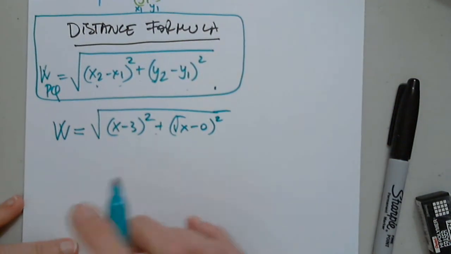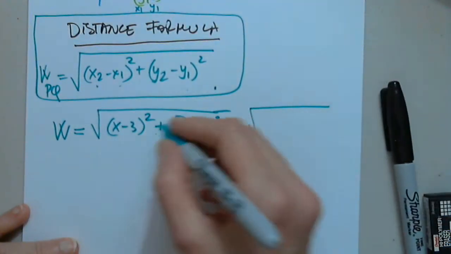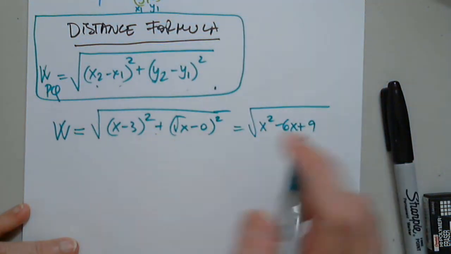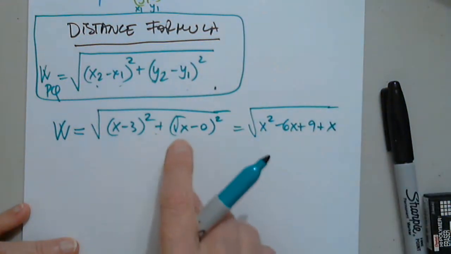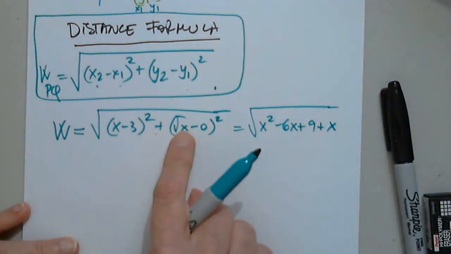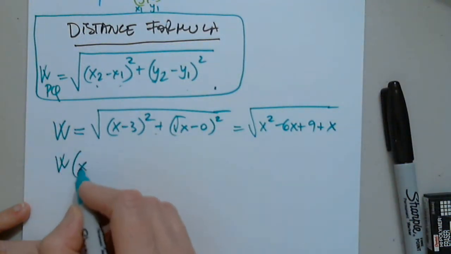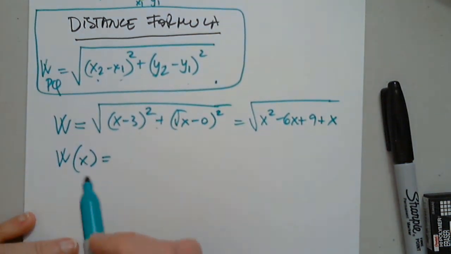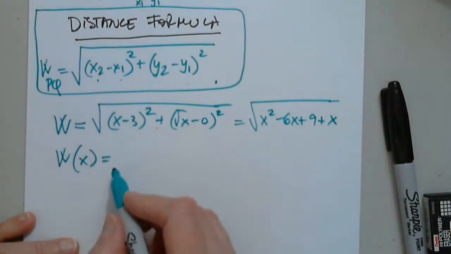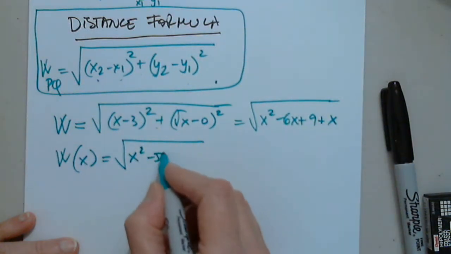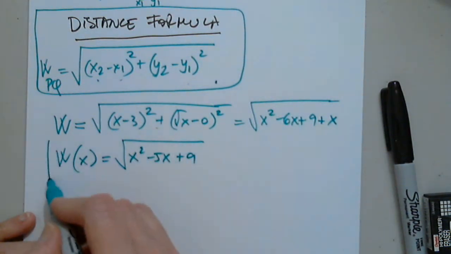So now I know when I simplify this, I get x squared minus 6x plus 9 plus x, because the square root of x minus 0 is the square root of x, and the square root of x squared is x. So now I know that I created a function of one variable, x, that looks like this: x squared, combining like terms, minus 5x plus 9.